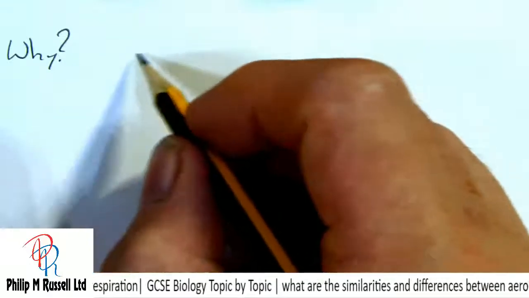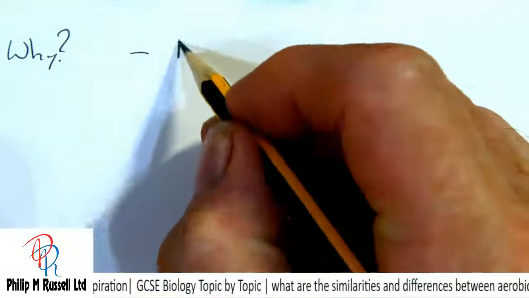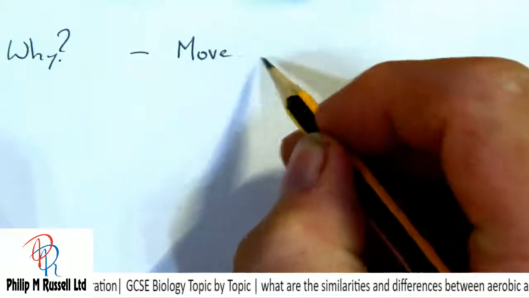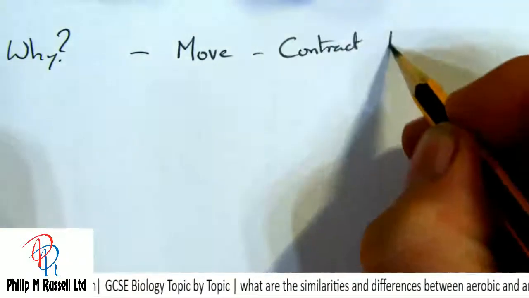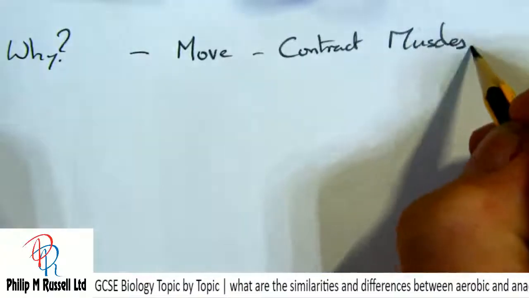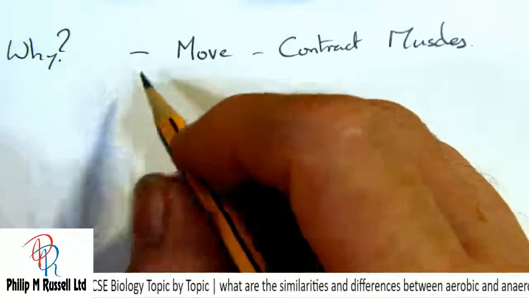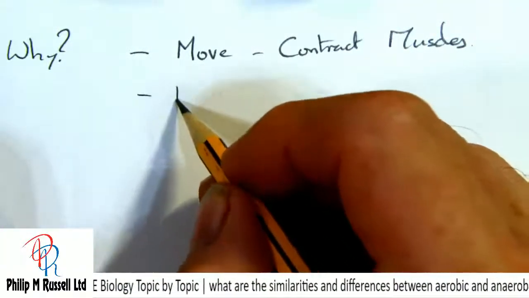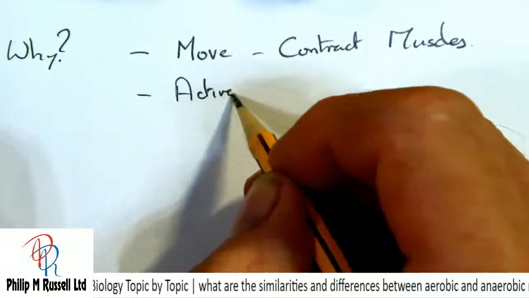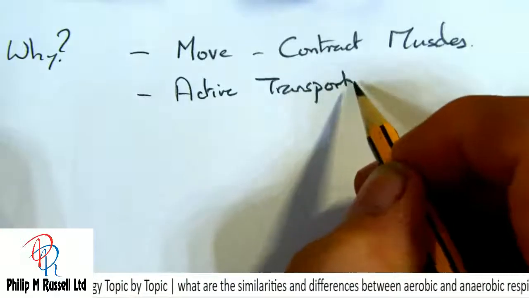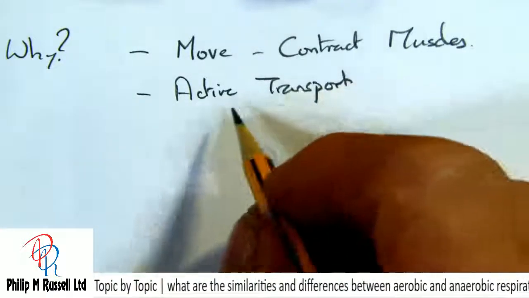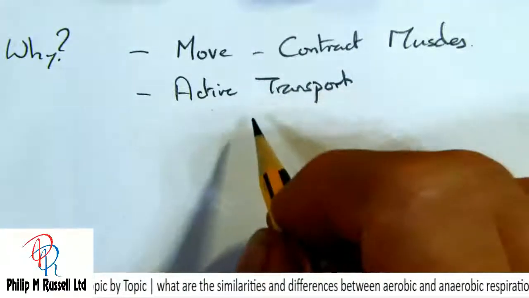Well, we need energy to basically move, or better word, contract the muscles. We need energy so that we can undergo active transport. If you remember, that is the movement of substances the wrong way.